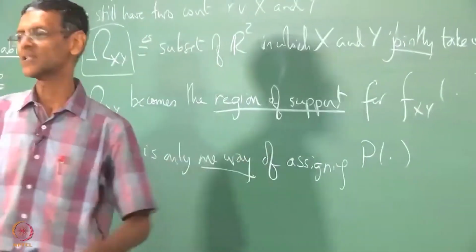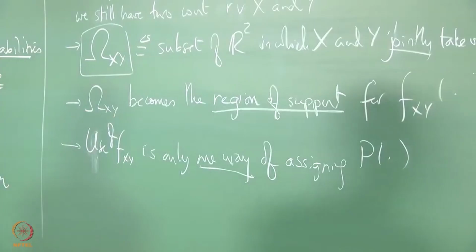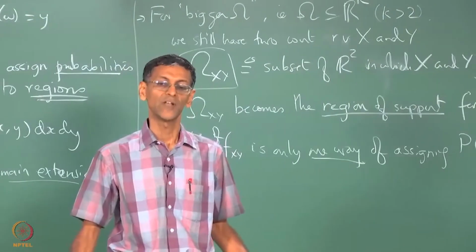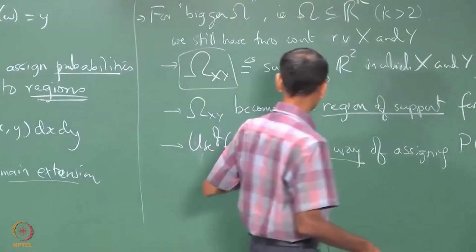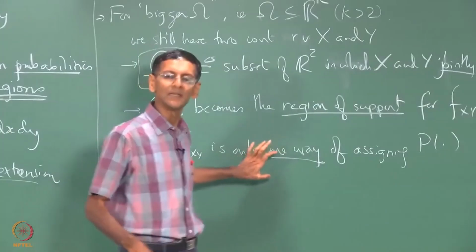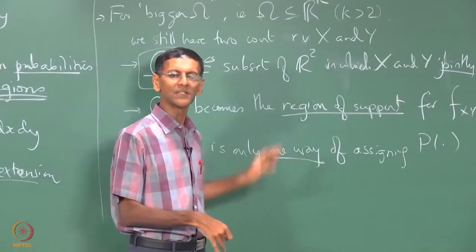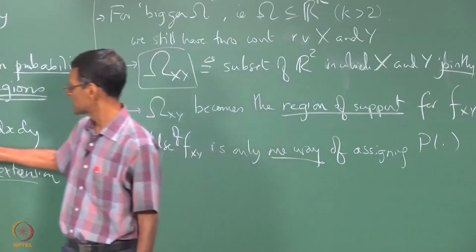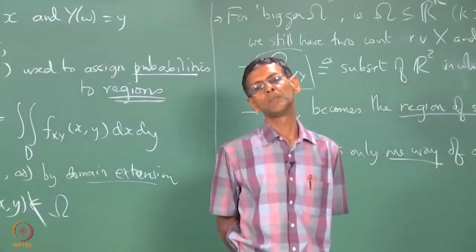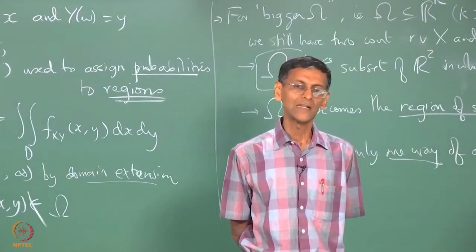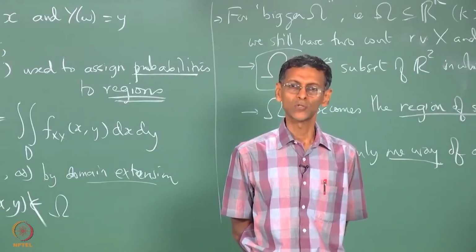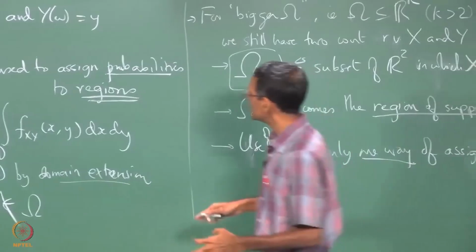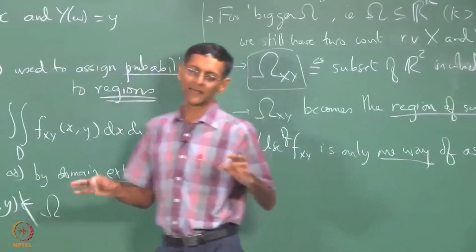But note that we have to assign P to regions, otherwise we are not dealing with two random variables. It turns out that it is analytically one of the simplest ways, because these double integrals, even if you cannot evaluate them analytically, you can always evaluate them numerically and so on.